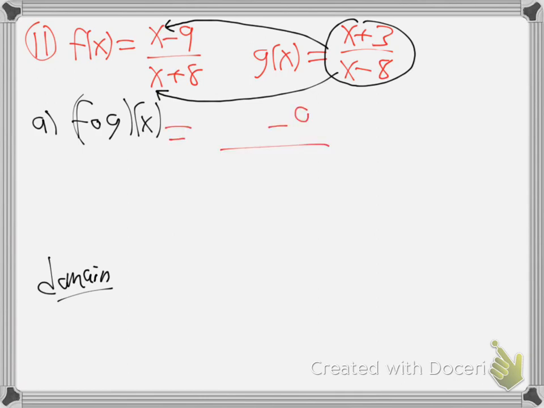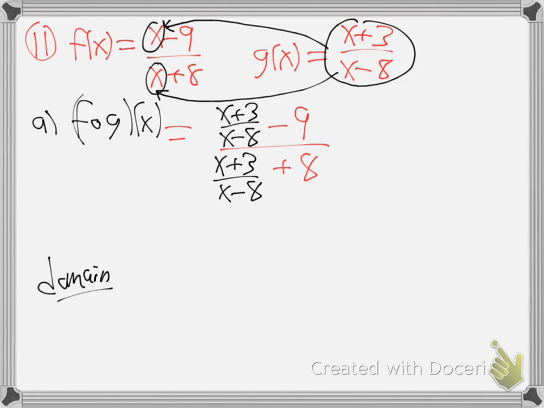It's going to be minus 9 plus 8 times x plus 3 over x minus 8, over x plus 3 over x minus 8. So that's a mess, huh? Everybody see what we did? I plugged that whole x plus 3 over x minus 8 in for x and in for x.